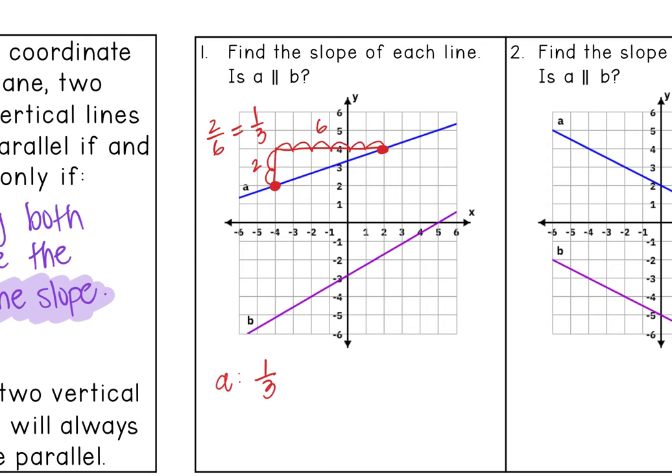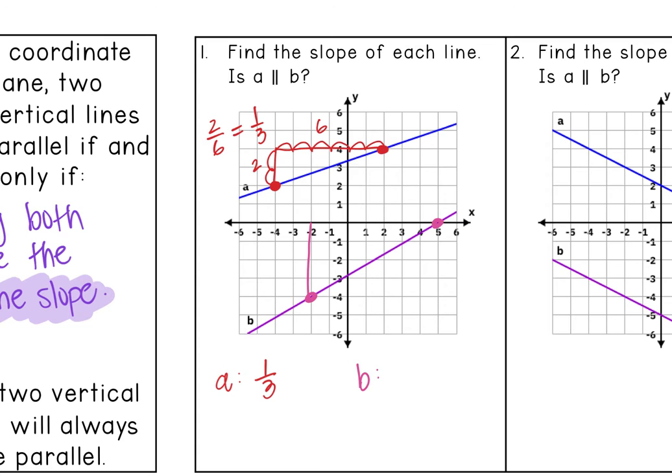Okay, now we want to do the same thing for line B. Let's pick 2 perfect points. It looks like right here, -2, -4. And then if I just follow that up, it looks like on top of the x-axis, 5, 0.